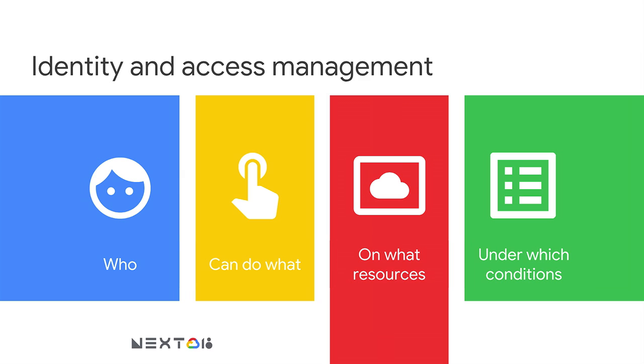Or in other words, how do I prevent unauthorized access? So identity and access management is the policy that helps you define who can do what on which resources, under which conditions. IAM conditions have been announced today, and they're going to be in private beta very soon.